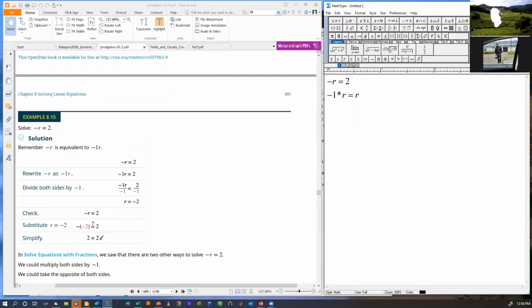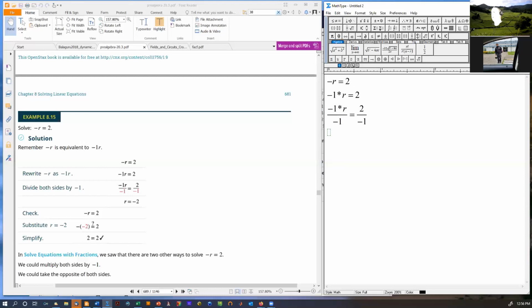And then once you've done that, you can write this as negative 1 times r divided by negative 1 equals 2 divided by negative 1, right?